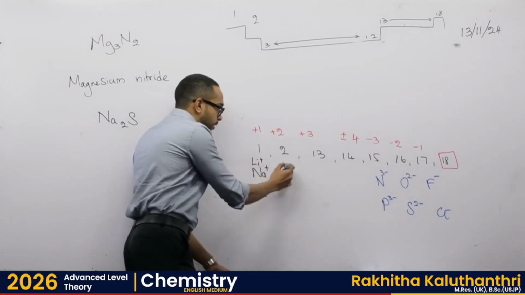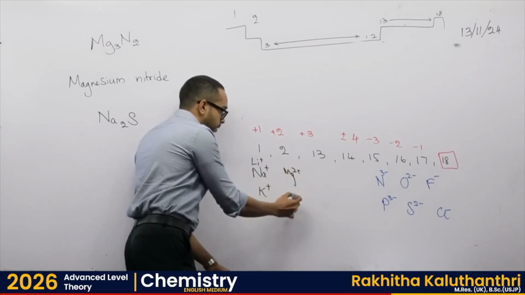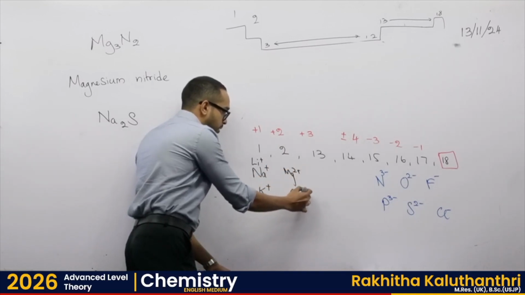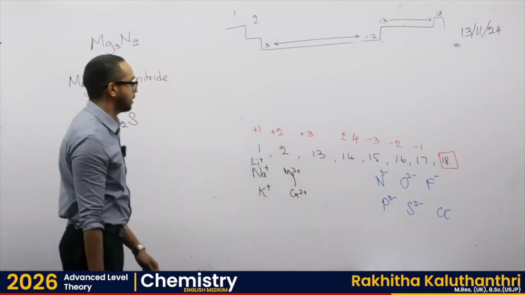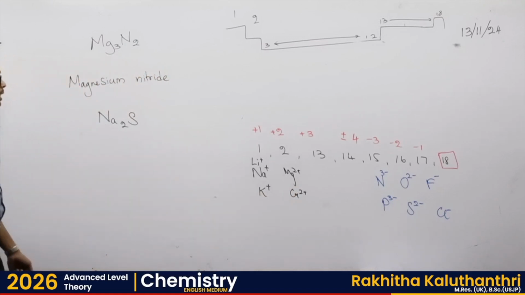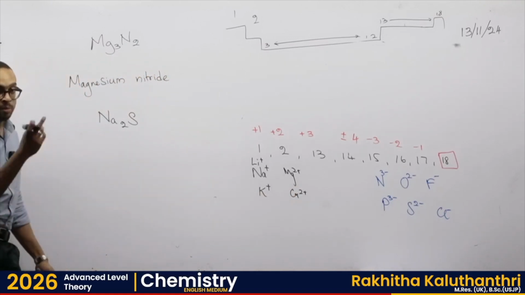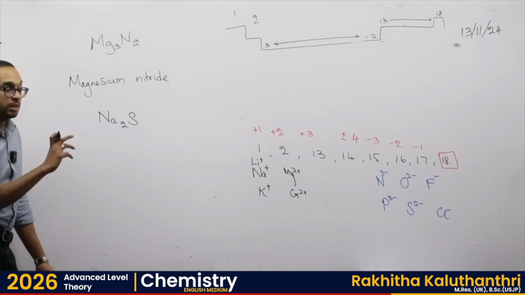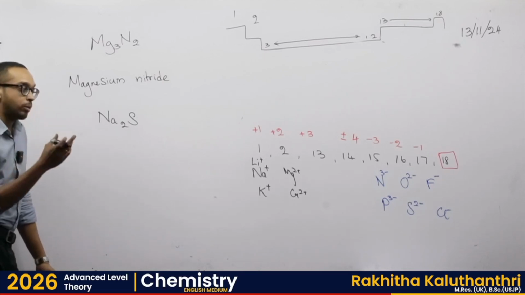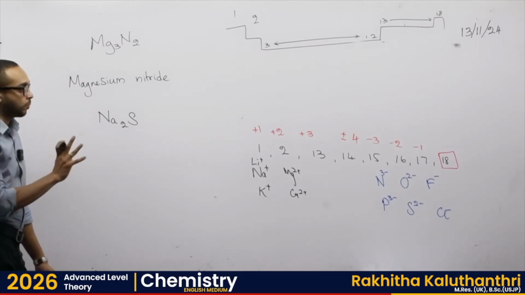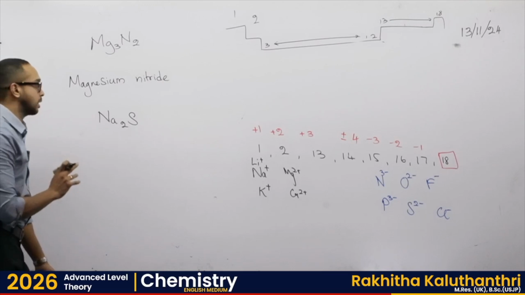We have magnesium, calcium, these are always +2, right? Beryllium has somewhat different properties. You will learn all about them under unit 6. But for the time being, remember these things.